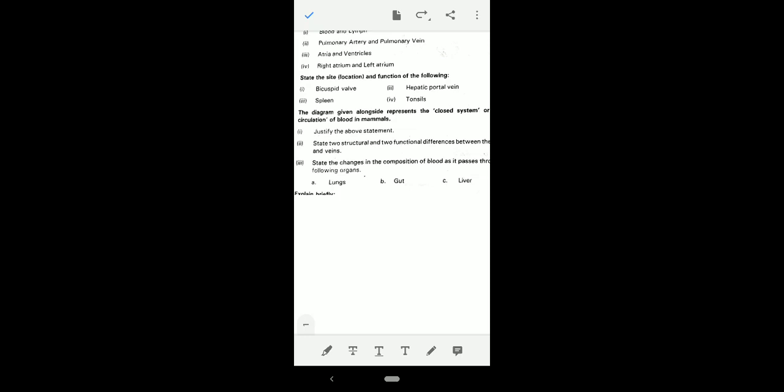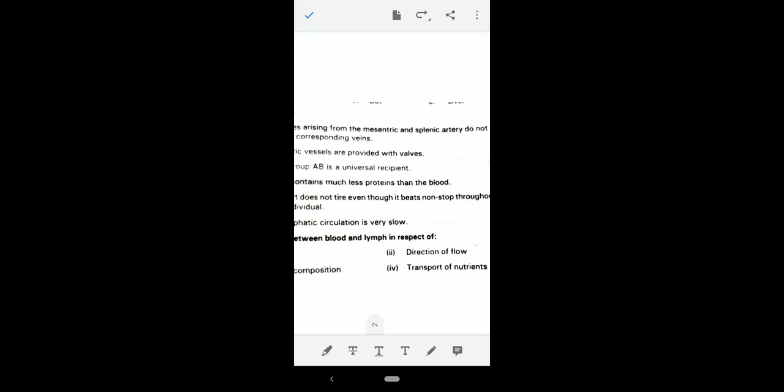When it passes through the liver, what will the liver do? It will monitor all the blood components, so it will convert extra glucose into glycogen, so less glucose is there. It will do deamination of proteins, so less protein is there after passing through the liver, and it contains less fat also because it emulsifies fat also.